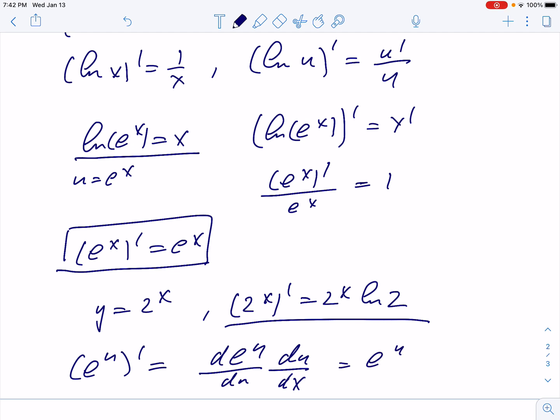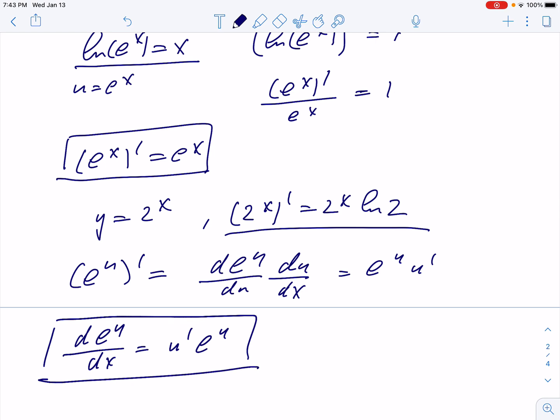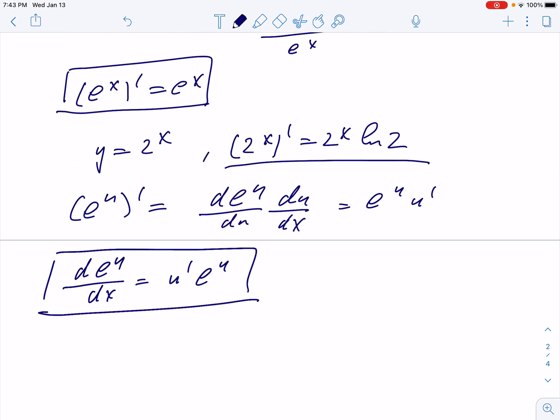It stays the same in the first factor, and du dx is u prime. So here I shall write this again. de^u dx is u prime e to the u. So that's how we differentiate a composition. I'm writing u prime first because it's more convenient in many cases.